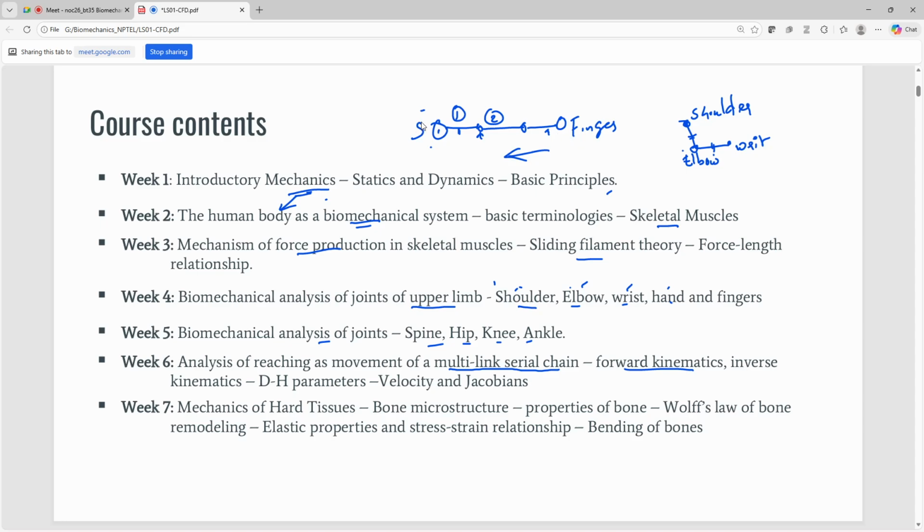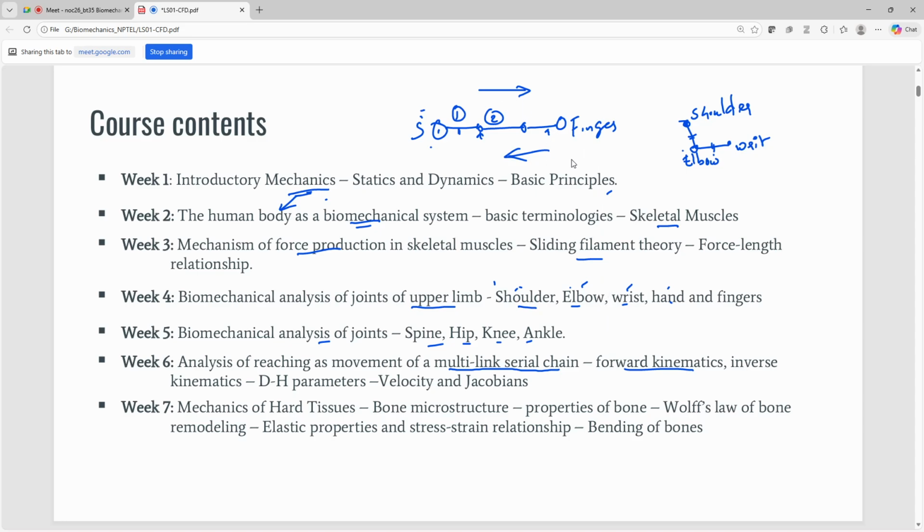The first case is that the shoulder moves by some value of rotation, and then what will be the result of finger motion? We know what is happening at the shoulder, and how it will be transmitted to the other joints and linkages, and what will be the motion at the fingertip. Calculating that is called forward kinematics.